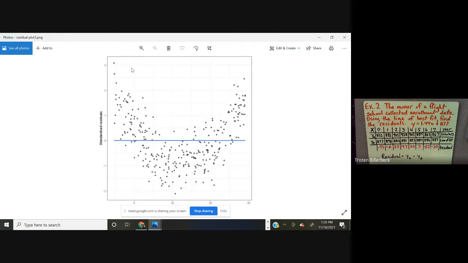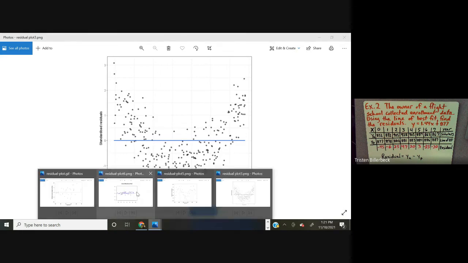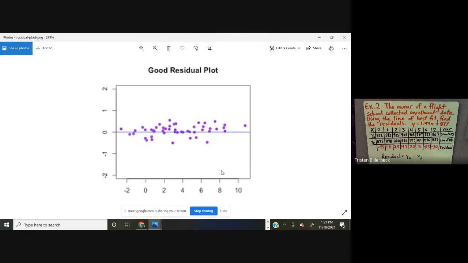And this data has a bit of a parabolic or U-shaped pattern, so this regression could have had a different model than a linear regression if that's what they used. So this is not a good regression versus this is a good regression.